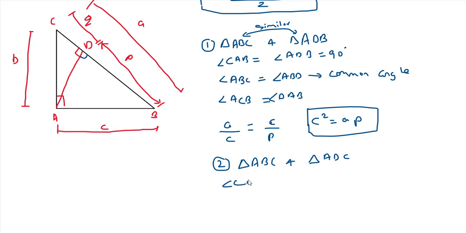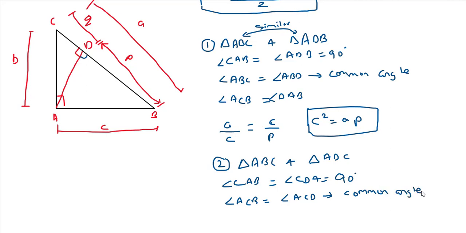Next, angle ACB and angle ACD are common to both the triangles, so these will also be equal, as they are common angles.